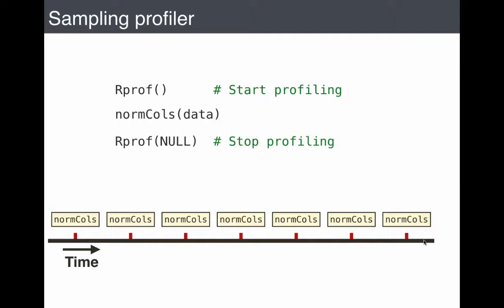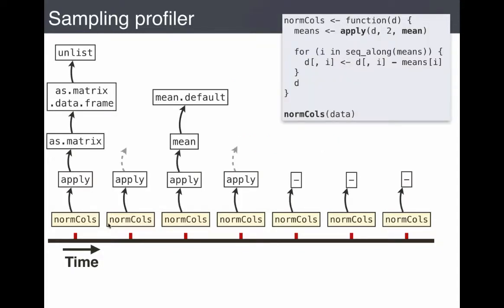So now, obviously, in this case, if this is all that it recorded, this is not particularly helpful information. We know that we're in the normcalls function this entire time, but it actually records more information than that. It records not just the outermost function that's being called, which was normcalls.